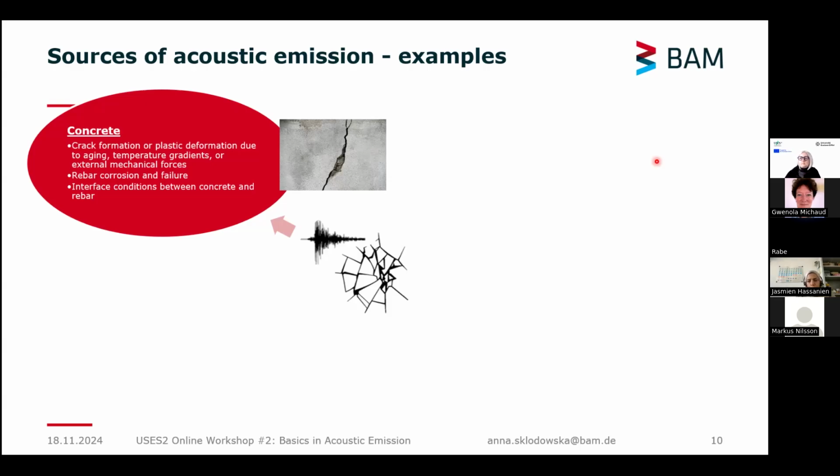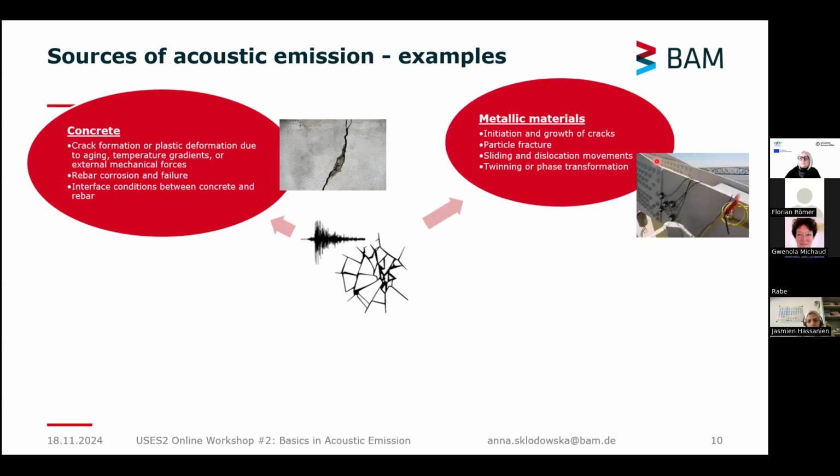But there are also a lot of other areas where we use acoustic emission testing, for example, in metallic materials, and there the main sources of emissions are initiation and growth of cracks, particle fracture, sliding and dislocation movements, twinning or phase deformation.